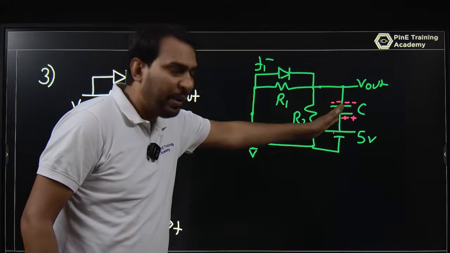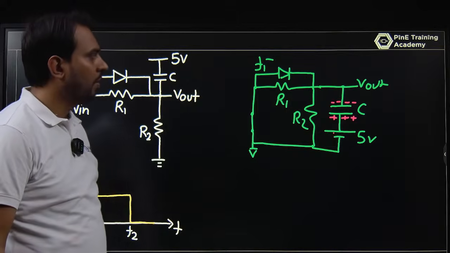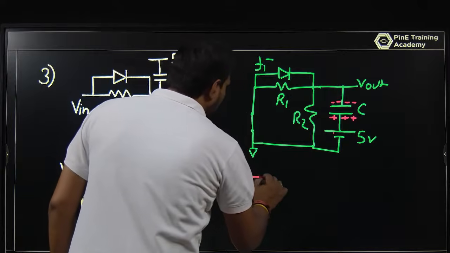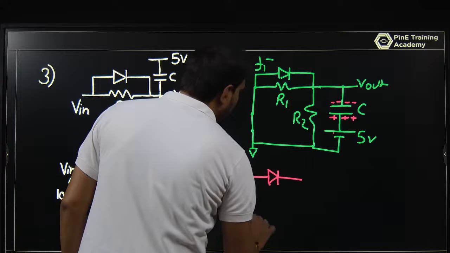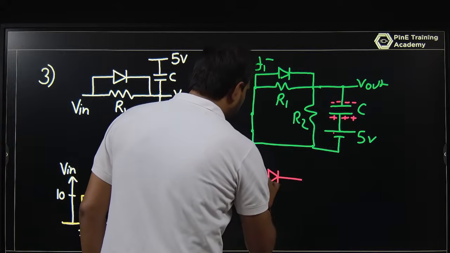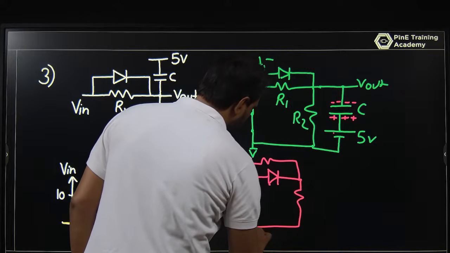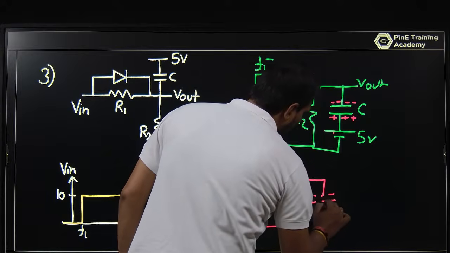Why? Because this capacitor will block the DC voltage. So if you are talking about before T1, this is the diode, this is our input voltage, this is your resistance, and this will be your open voltage.